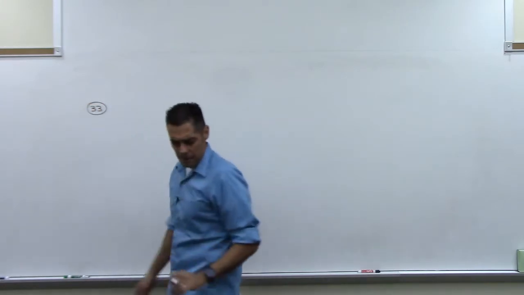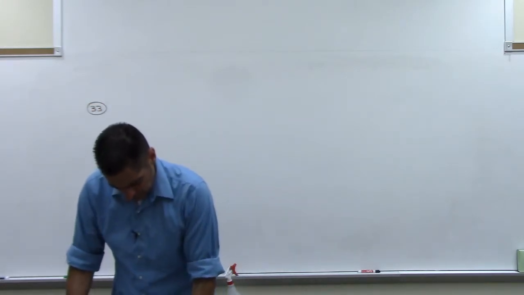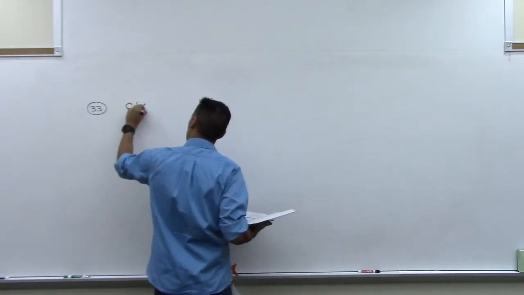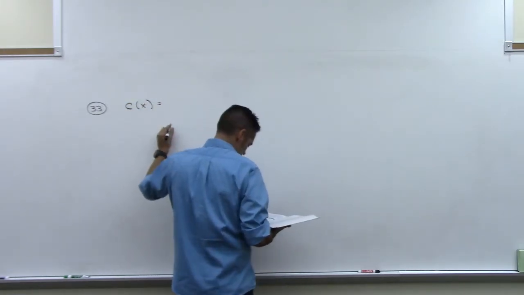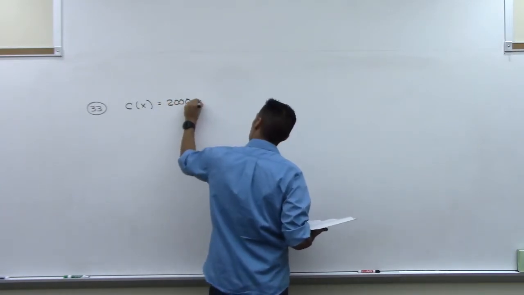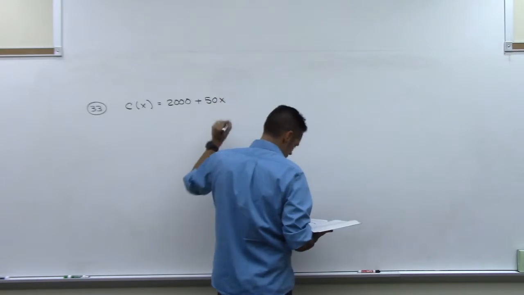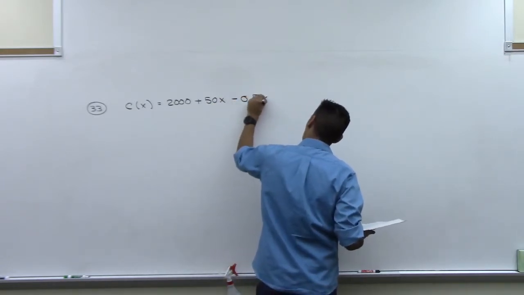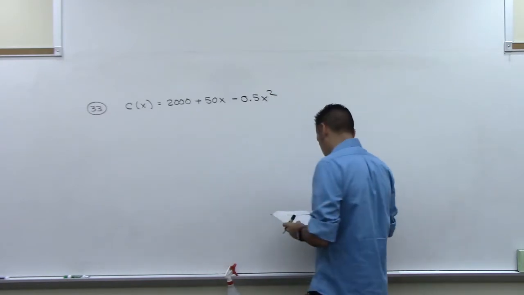I have, it's a cost analysis problem. So you're given C of x is equal to 2,000 plus 50x minus 0.5x squared. So this is your cost function.